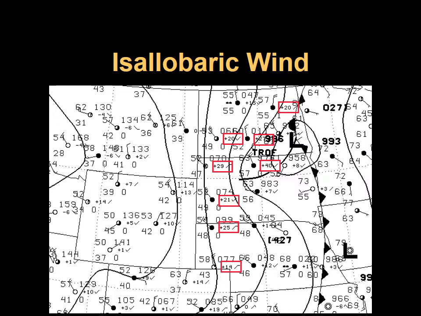These values are plotted in whole units and tenths of millibars. So where you see 20 or plus 20, that means the pressure rose in the last 3 hours 2 millibars. And where you see negative values, that means the pressure fell over the past 3 hours.